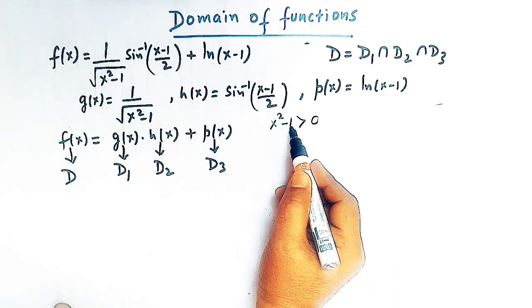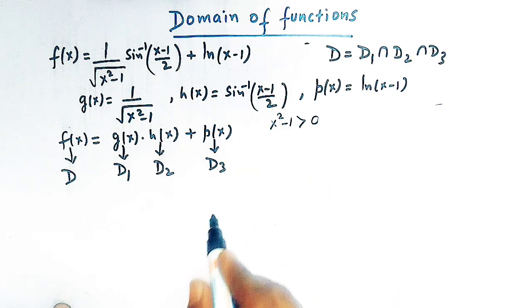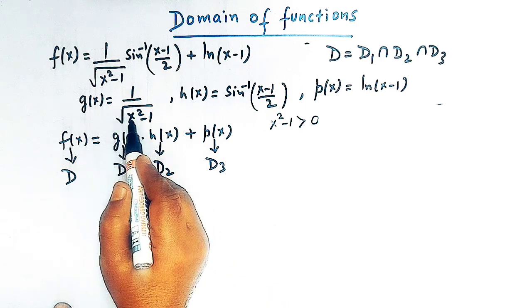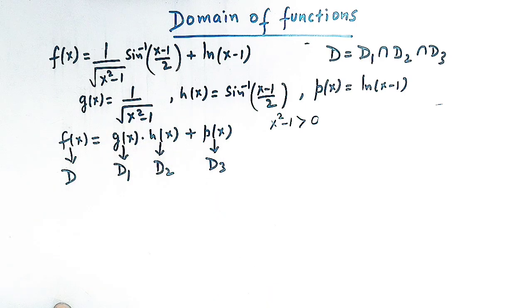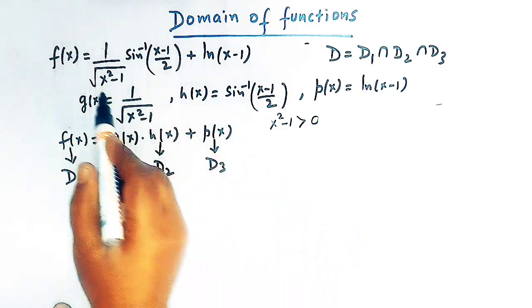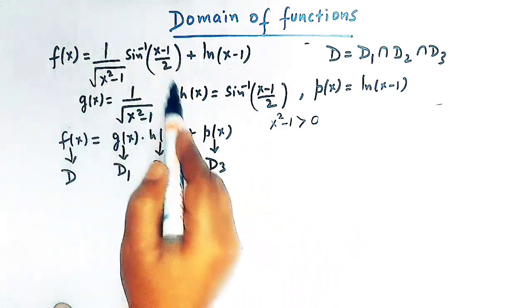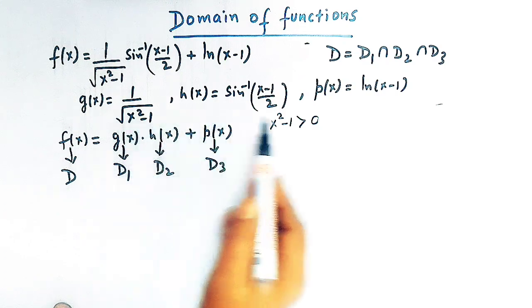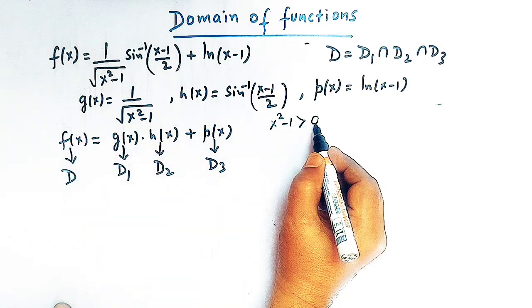And if x square minus 1 is a negative quantity, then the square roots of negative numbers are defined in the set of complex numbers. But here we are talking about the real numbers, so x square minus 1 should be greater than 0.